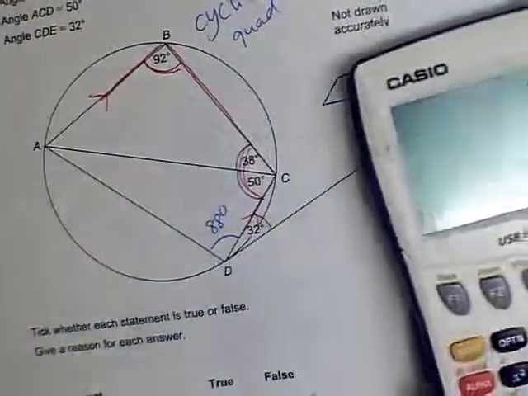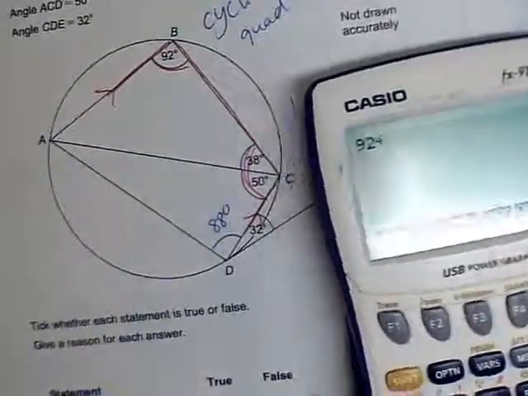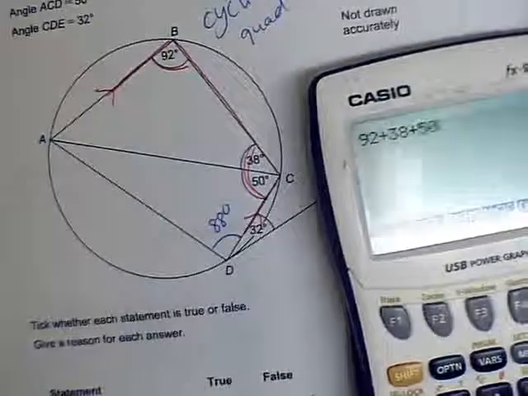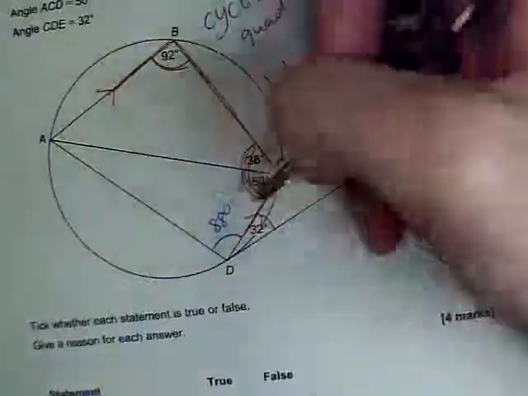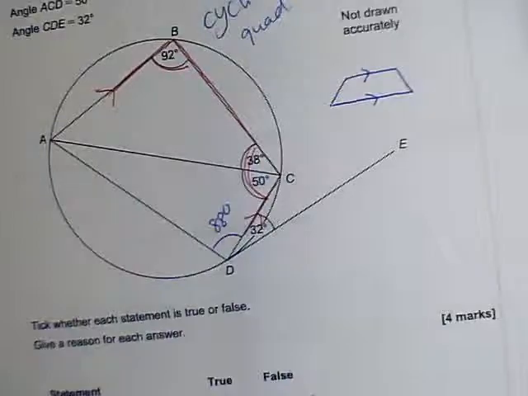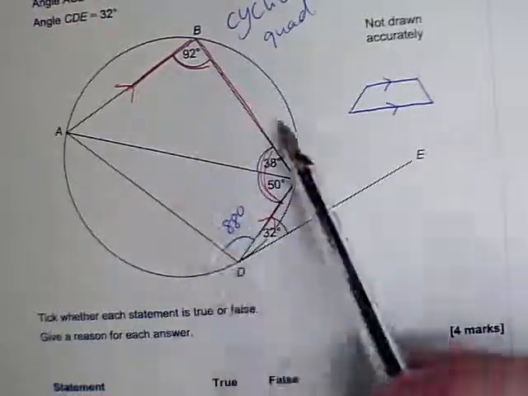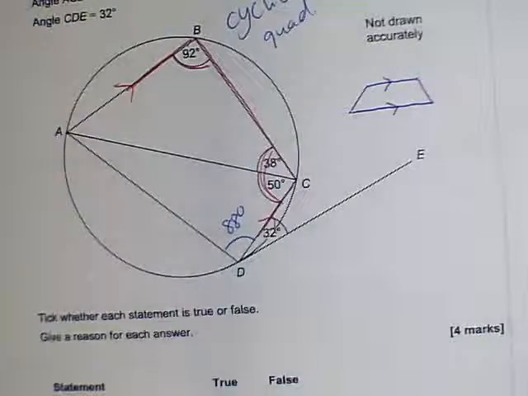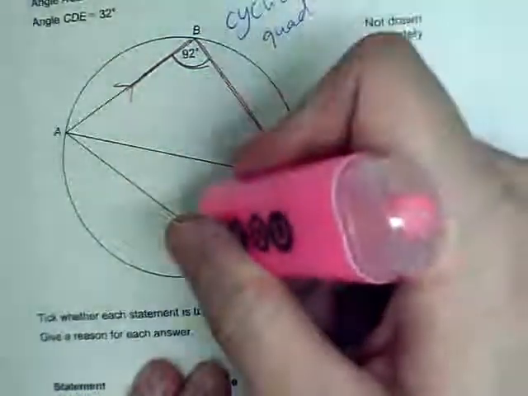If they do, then those lines are parallel, because otherwise that rule wouldn't work. So 92 add 38 add 50 is 180. Therefore these lines are parallel. So it could be a trapezium, but I'm not 100% sure, because I need to prove that it doesn't work the other way round. If they add up to 180 again, then I know that they are all parallel, so it won't be a trapezium.